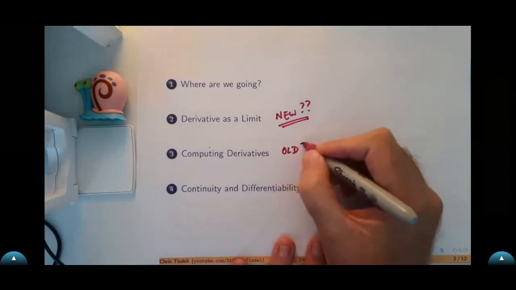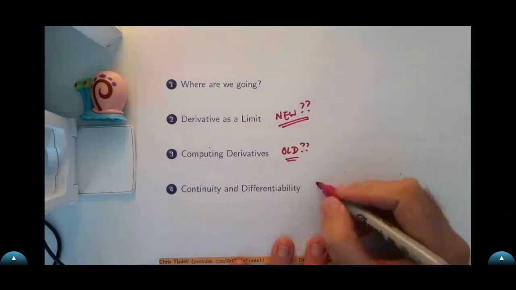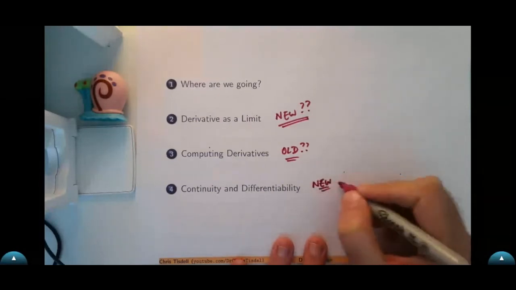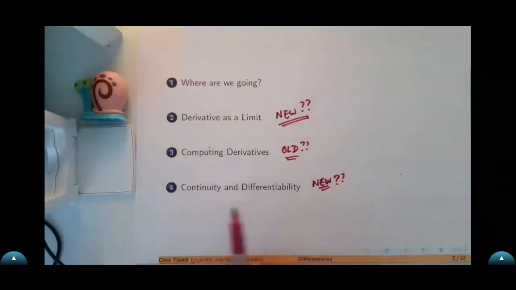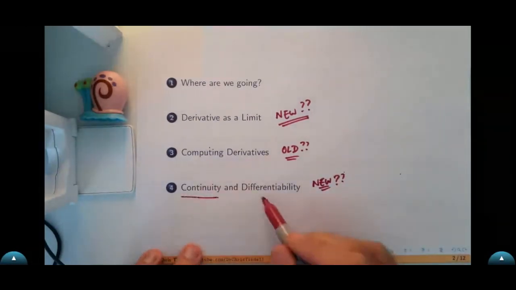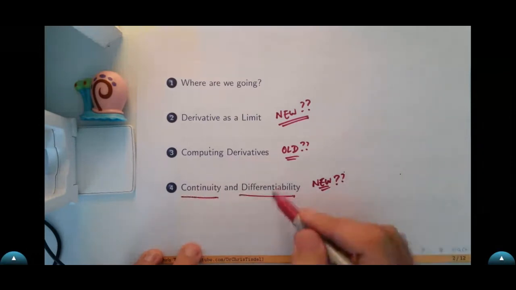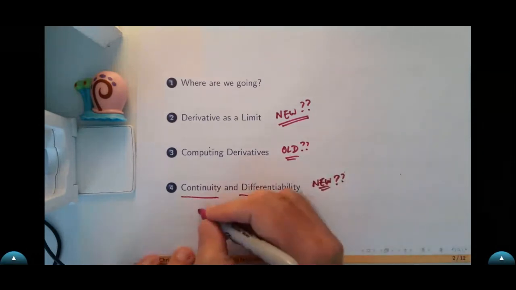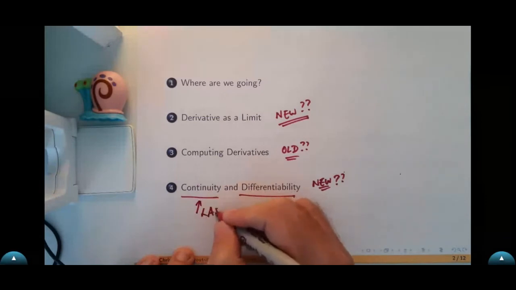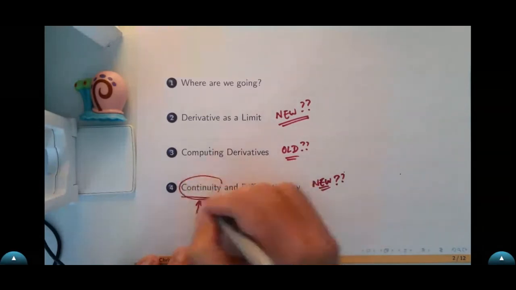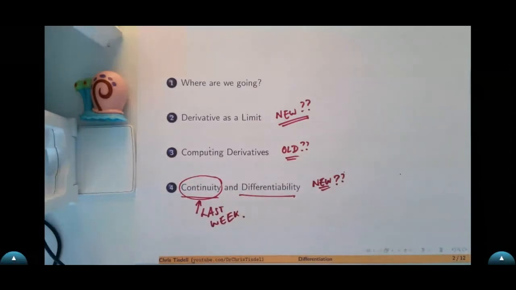Computing derivatives is probably familiar or old, and this stuff is probably new. The relationship between continuous functions and differentiable functions. Remember, last week we talked a lot about continuous functions, okay?